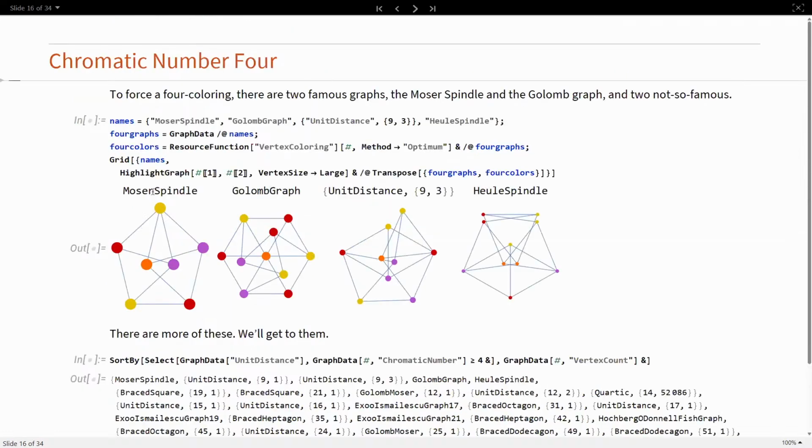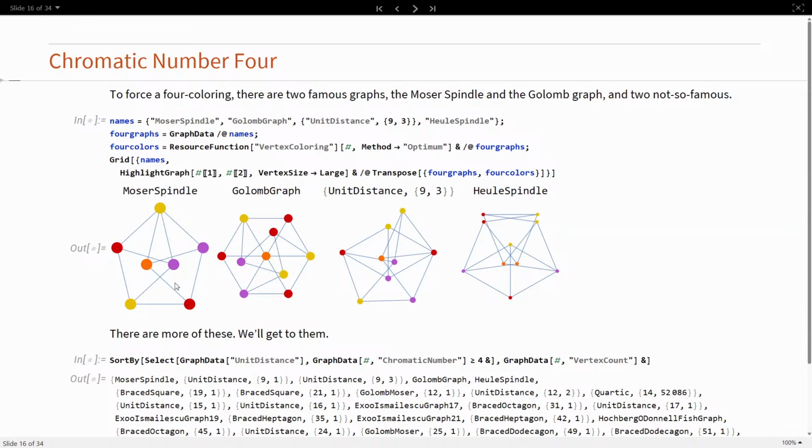But here's a case that does require 4 colors. This is called the Moser spindle. Suppose you tried to only color this in 3 colors. So we could start with this diamond over here. We need 1 color here. We need 2 other colors here because we have a triangle. And the only way to stay with 3 colors is to color this vertex the same as that vertex.